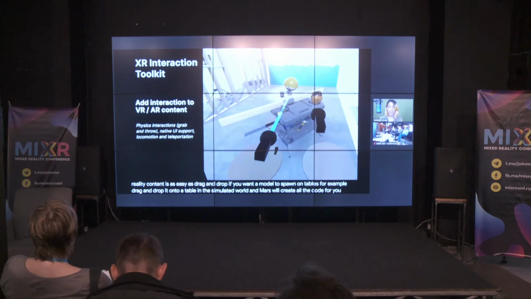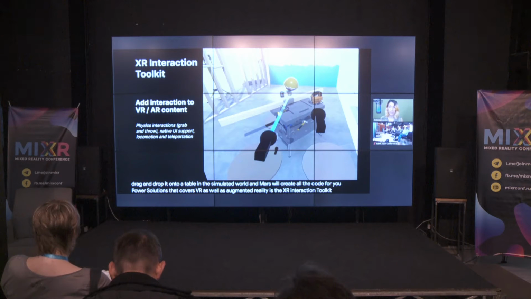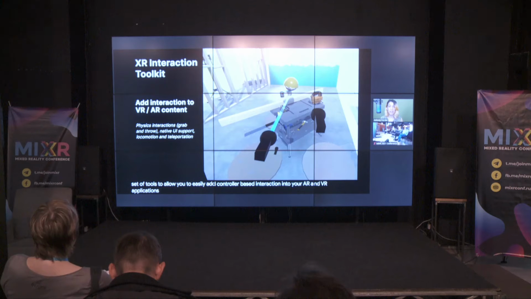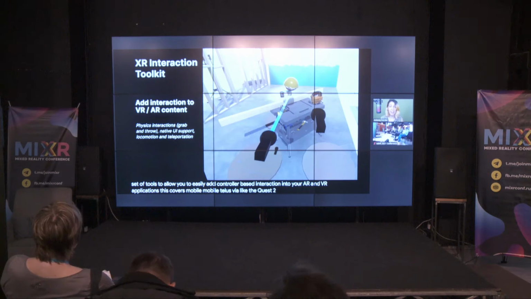Another one of our solutions that covers VR as well as augmented reality is the XR Interaction Toolkit. This is a set of tools to allow you to easily add controller-based interaction into your AR and VR applications. This covers mobile AR, mobile tetherless VR like the Quest 2, and high-end VR headsets such as Varjo or the Valve Index.